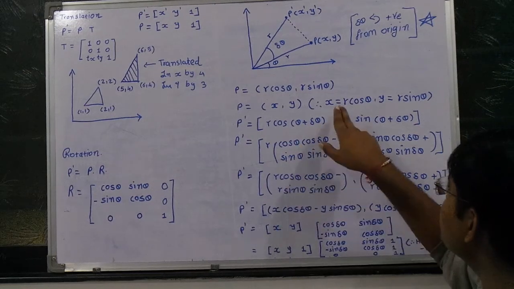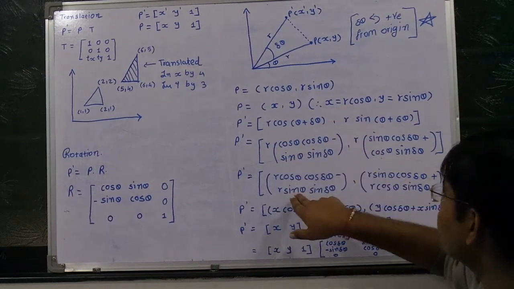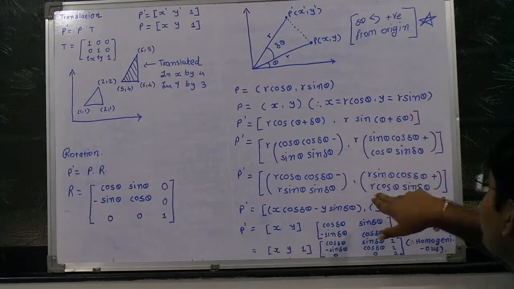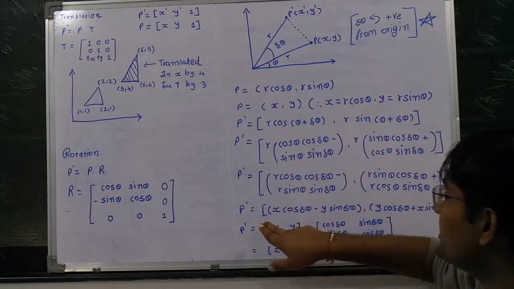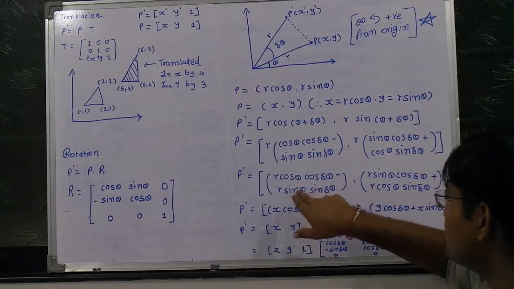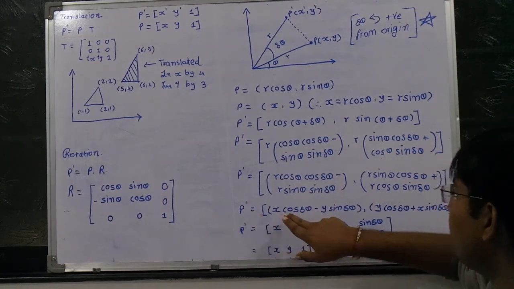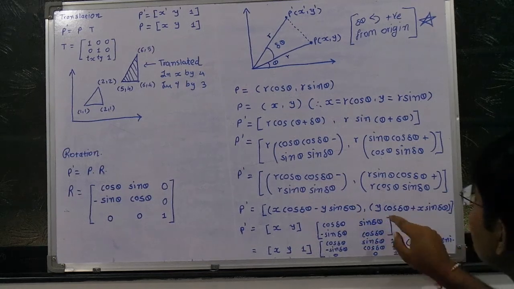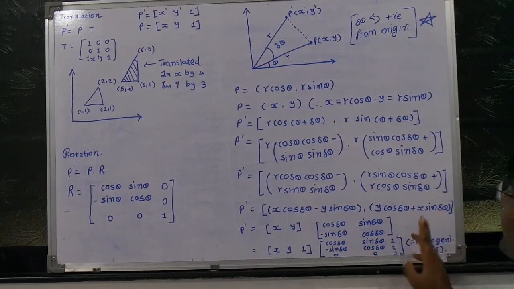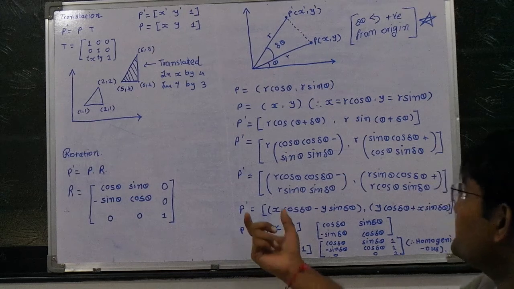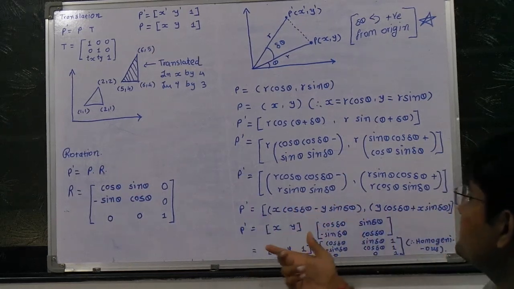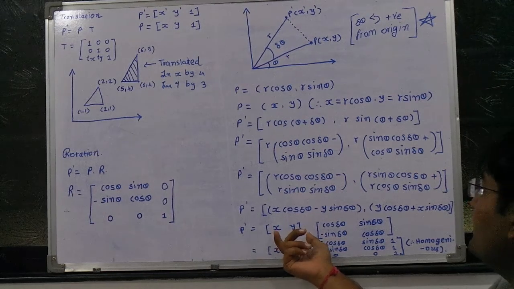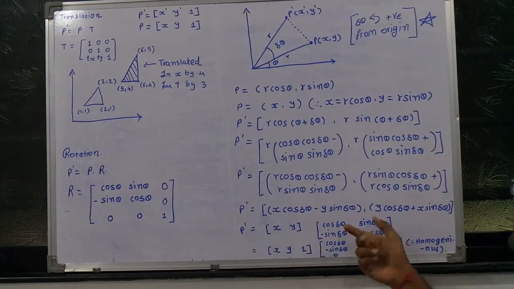Here r cos theta is nothing but x, and r sin theta is nothing but y. Putting those values into this formulation, P dash will be x cos delta theta minus y sin delta theta, and y cos delta theta plus x sin delta theta. Suppose I want to prepare a matrix of P dash, then it will give me x y into cos delta theta.